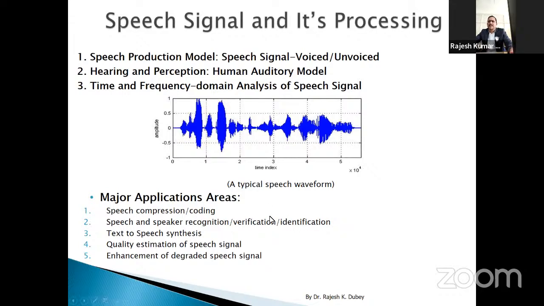That's why understanding the speech signal, its processing and its applications are very much emerging areas, and after the development of many latest techniques, deep learning, machine learning, artificial intelligence, it is going to be a very helpful and important area of speech signal processing.